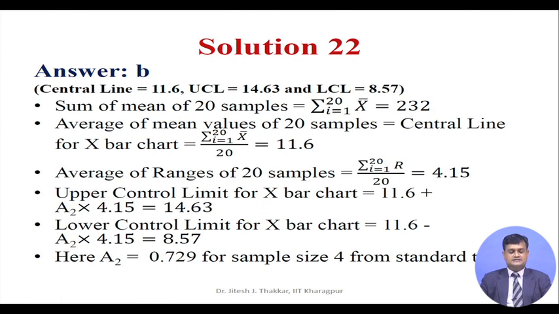So, the central line for X bar chart is equal to sigma i equals 1 to 20 X bar divided by 20, equal to 11.6, and you can use the tabulated value of factor A2, which is 0.729 for sample size 4, and you can compute the upper control limit and lower control limit of the X bar chart as X double bar plus or minus A2 R bar.